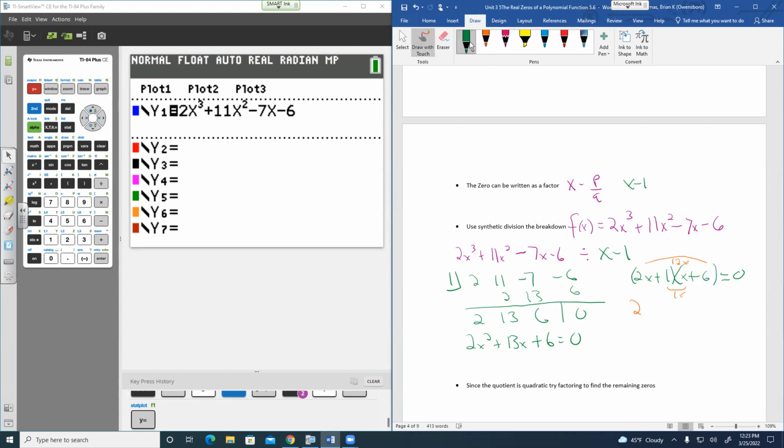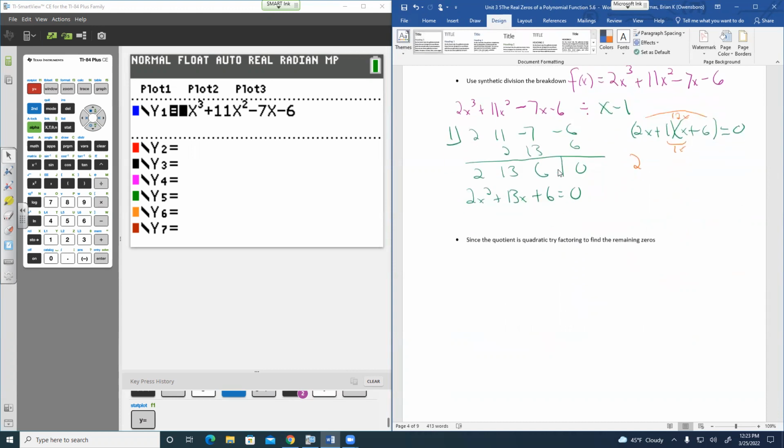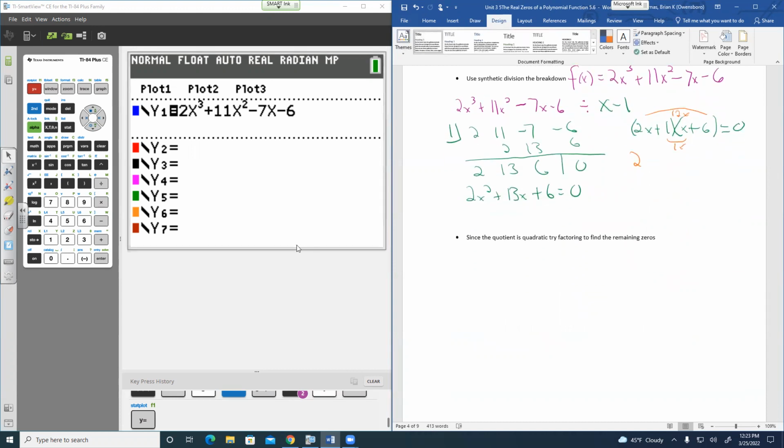So let's come down here. I got a little bit more room down here. So I have this 2x plus 1 times this x plus 6 becomes the factors of the quadratic. So I set each one of those equal to 0. So 2x plus 1 is equal to 0. X plus 6 is equal to 0.